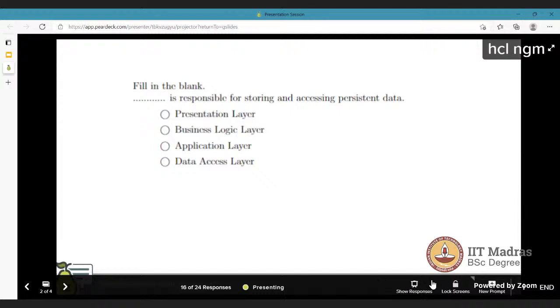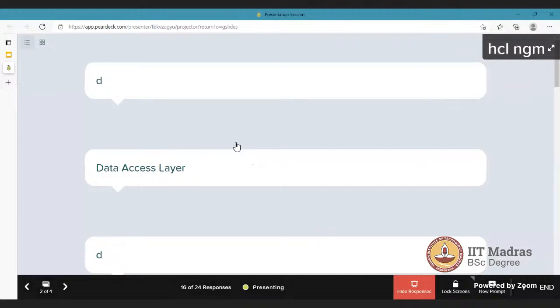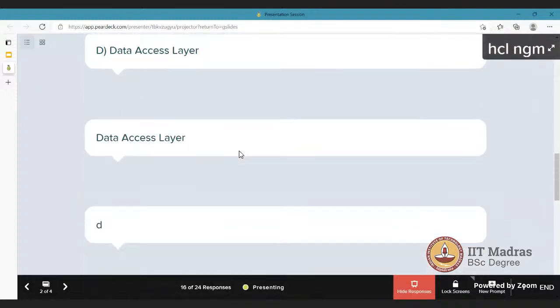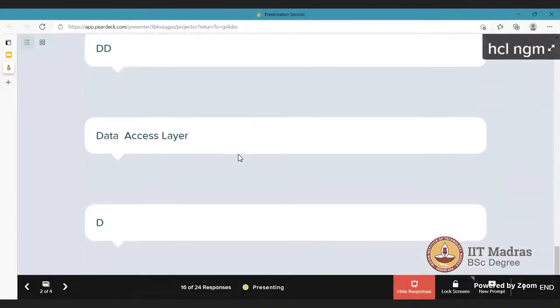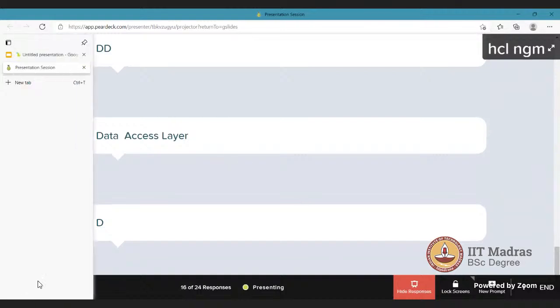Okay, only 16 responses. Let's see. Data access layer. Yes, so all of you are correct.